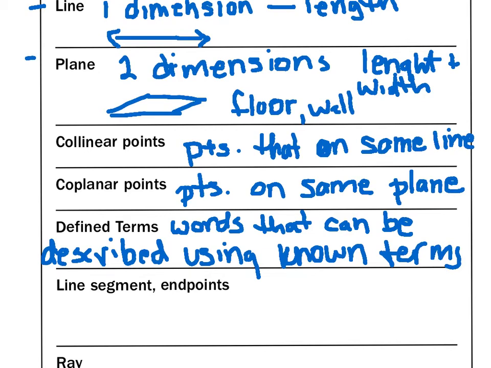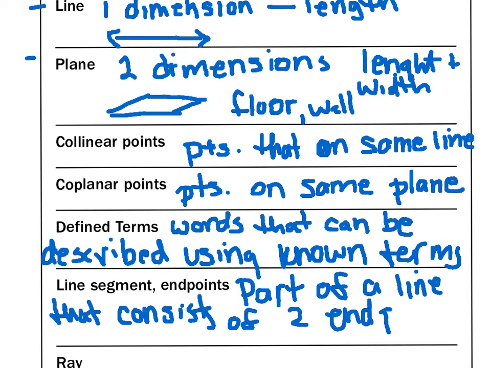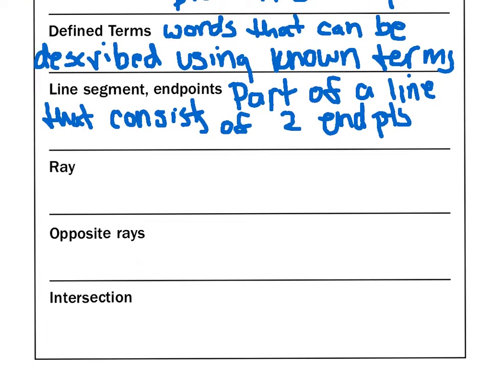So a line segment is a part of a line that consists of two endpoints, and it also has all points between.